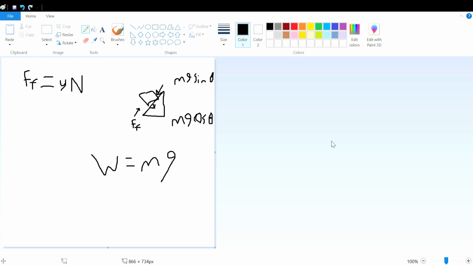Because two objects are sliding against each other for friction, the contact areas are always in the same proportion in this case, and so cancel each other out, and we don't have to worry about them when calculating friction on a slope.